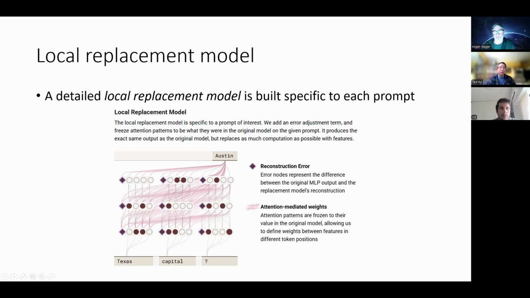So ultimately what they built is what they called a local replacement model, which means instead of there being just one replacement model, the local replacement model is one where they have particular values for a given input prompt. So the local replacement model for the prompt 'Fact: the capital of the state that Dallas is in' is a different local model than for the prompt 'Fact: 39 plus 56 equals'.